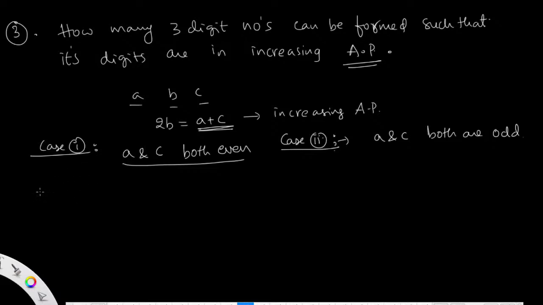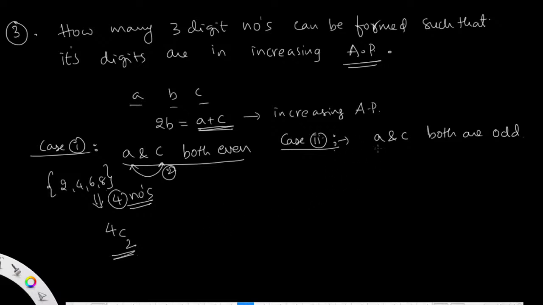So for 3-digit numbers, we have to take both as even. What even numbers can we get? Maximum even numbers will be 4. Even numbers means 2, 4, 6, 8. Out of 4 numbers, we have to select 2 numbers. So this can be done in 4C2 ways.